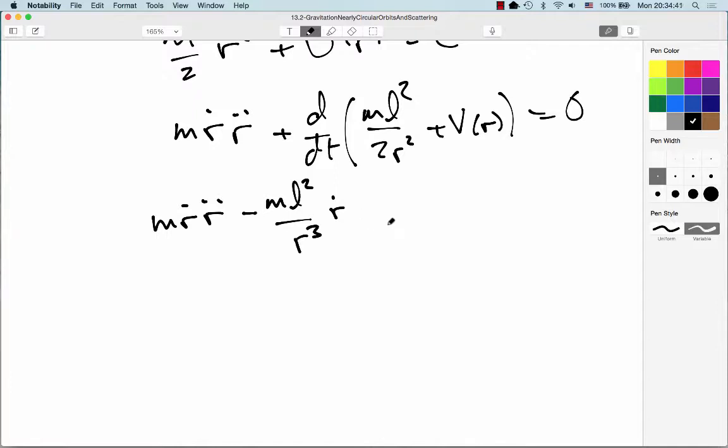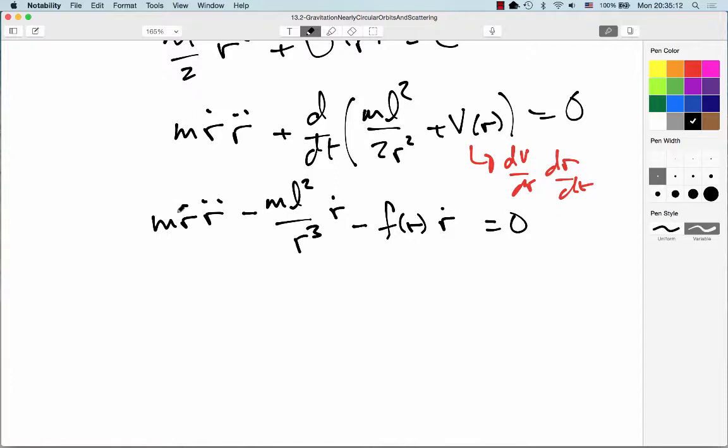And then similarly, I differentiate this. The trick here is I'm going to go ahead and use the chain rule on this guy. And so this is going to become dV/dr dr/dt. So dV/dr, though, since we're working in effectively one dimension, will be minus my F of r, since it's a central force, times r dot.